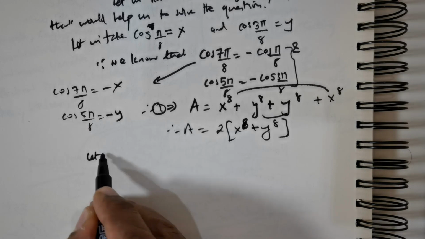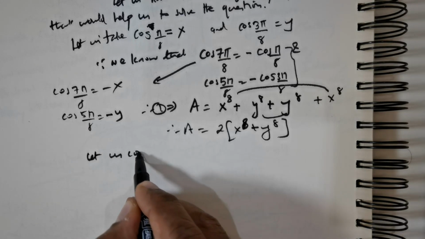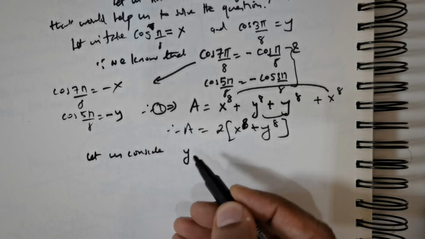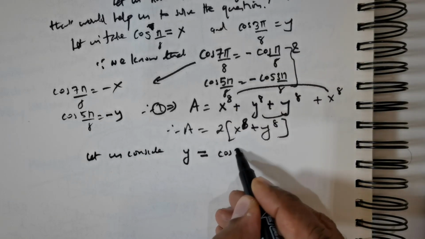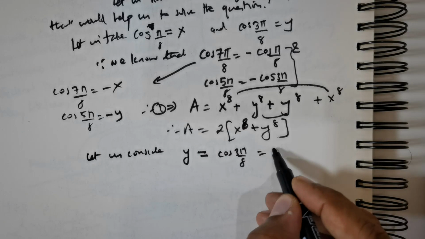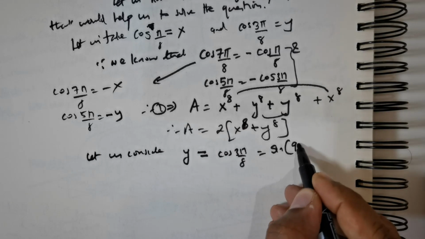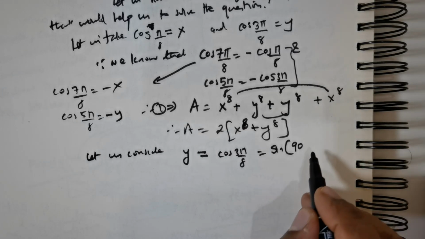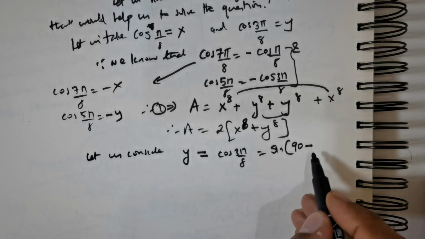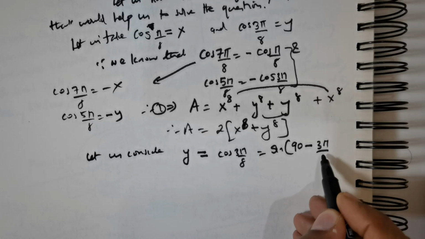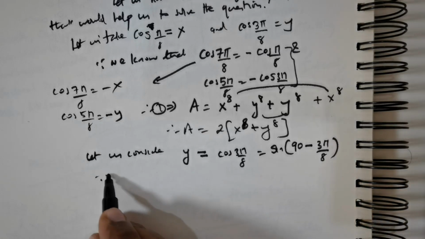For that, let us consider our y term. I have taken y to be equal to cos(3π/8). Can I write this as sin(90° − θ), which would give me cos θ? Now why do I do that?